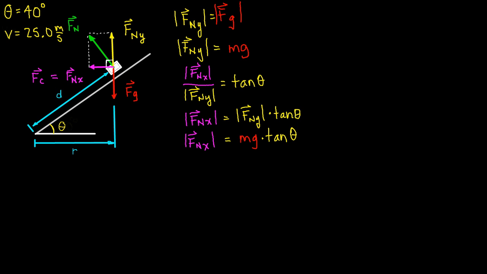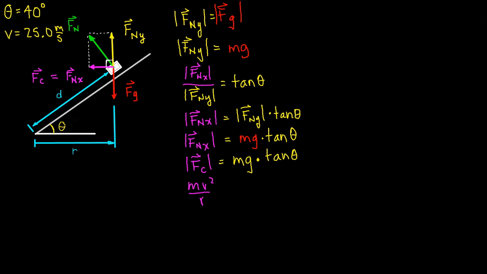So now we can go directly to our centripetal force, and we can say our centripetal force is equal to mg tan theta. Now, we also know that centripetal force is defined this way. We know that it is mv squared over r.